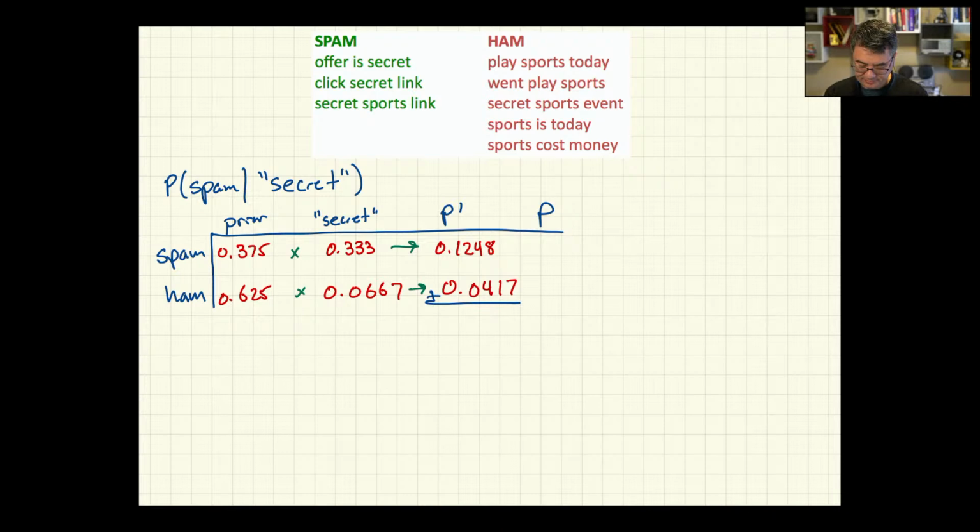Add those up: 0.166, I think. And then finally we get 0.1248 divided by 0.1667, and we get 0.75.